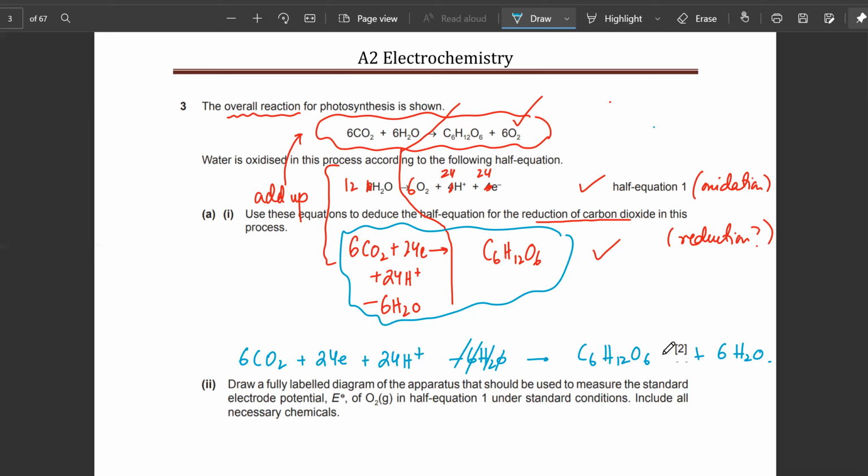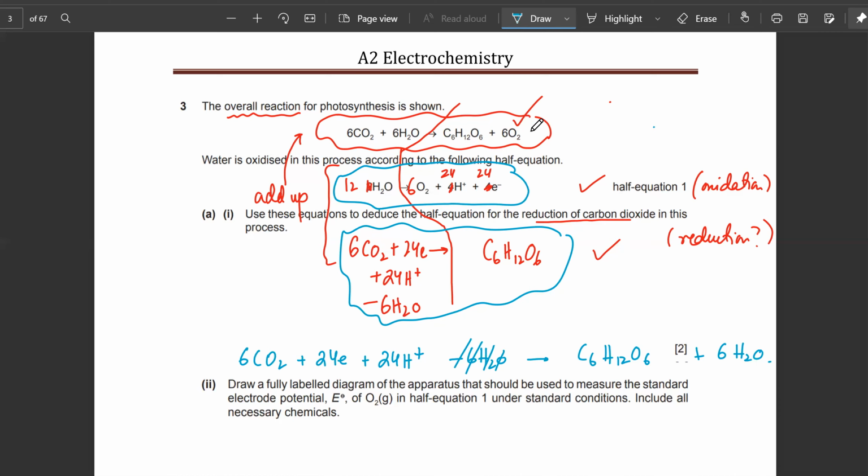So I'm just going to repeat everything. I had a missing equation over here, which I did not know what it was. But they told me that carbon dioxide was getting reduced. So I had carbon dioxide to start with, and I knew it was getting reduced, so it was gaining electrons. I had no idea how many electrons it was gaining.